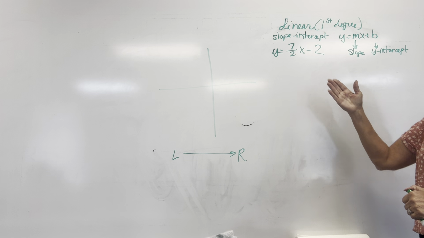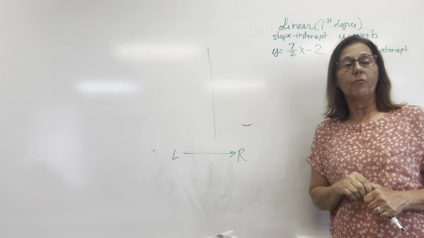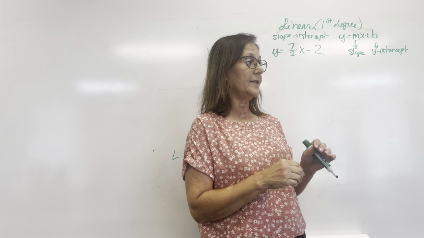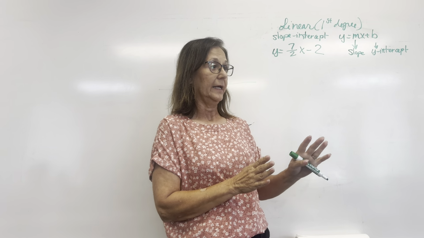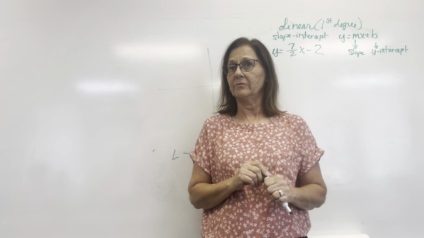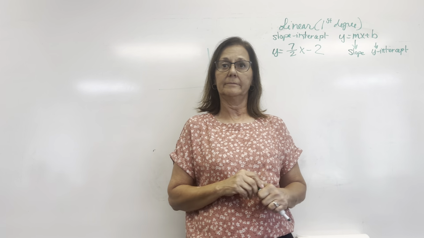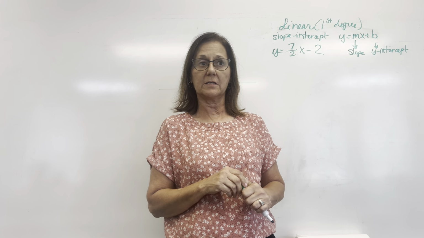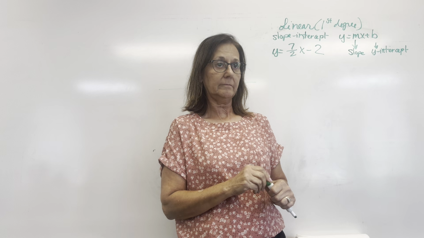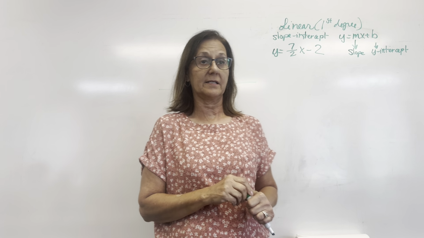The slope gives us an idea of what a graph should look like, what the line should look like from the left to the right. If the slope is positive, what does the line do from left to right? The line rises.